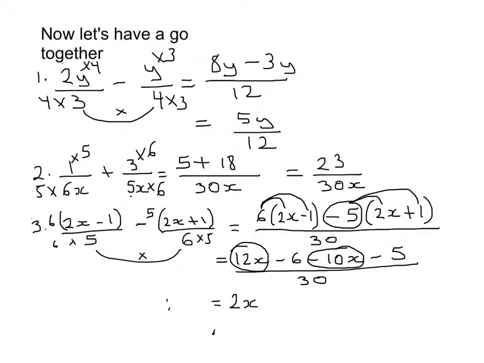So don't make silly mistakes. Negative 6 minus 5 is negative 11. Okay, so that's 2x minus 11 over 30. And that's your final answer, 2x minus 11 over 30.